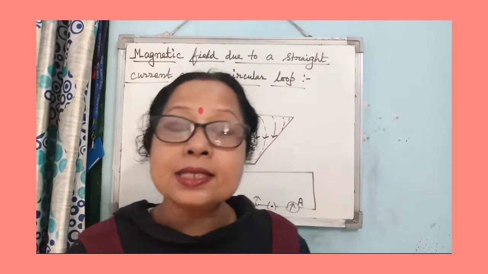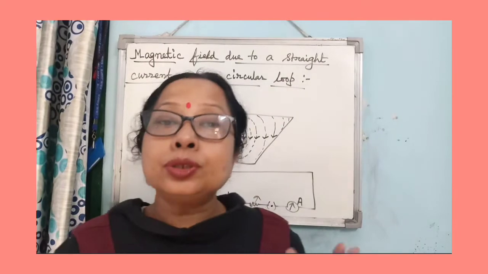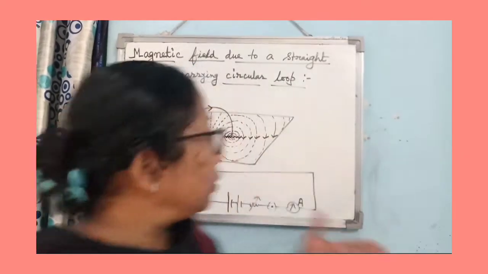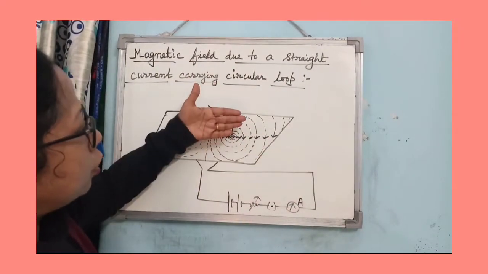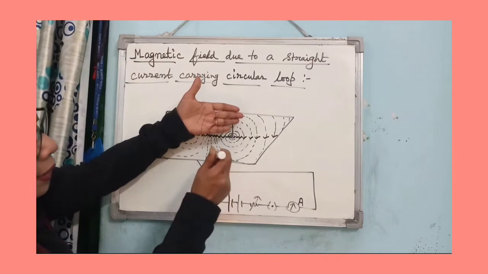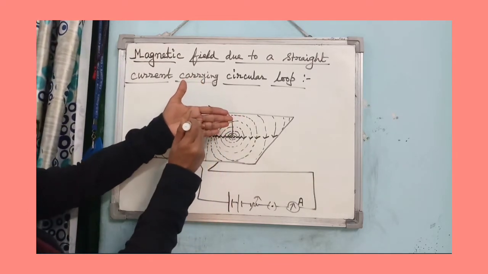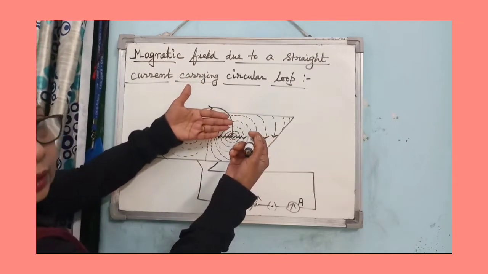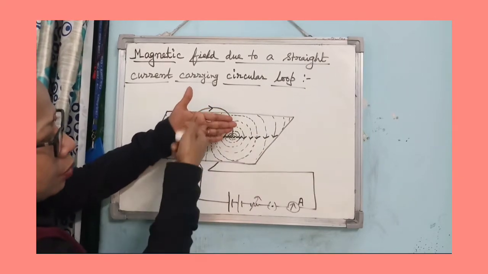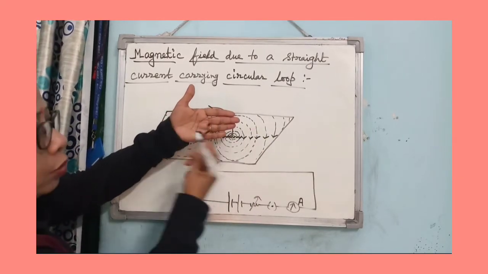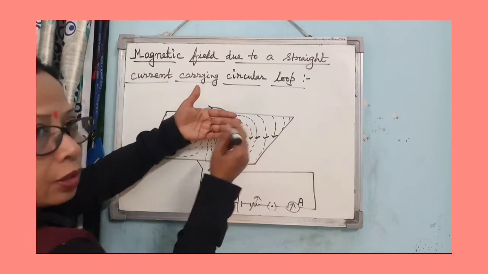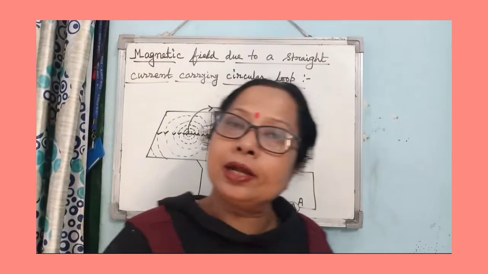So, the first conclusion you have to write is that the magnetic field due to the current carrying circular loop is perpendicular to the plane of the loop. You see, this is the plane of the loop, and the field is either in the inward direction or the outward direction. When it is inward, it is perpendicular to the plane of the loop. When it is outward, then also perpendicular to the plane of the loop.